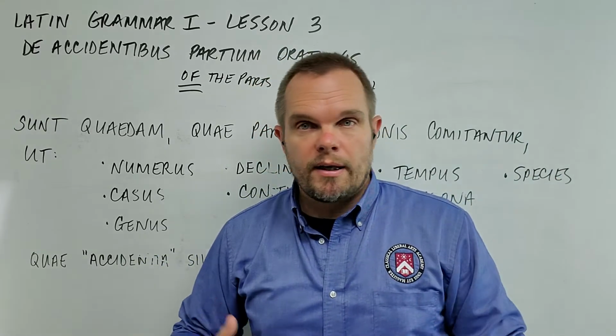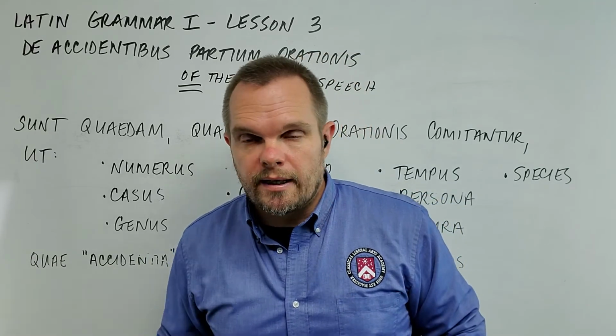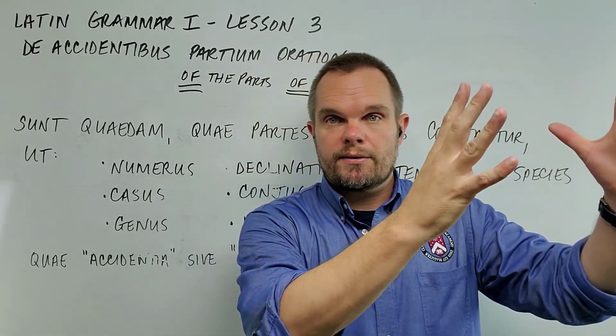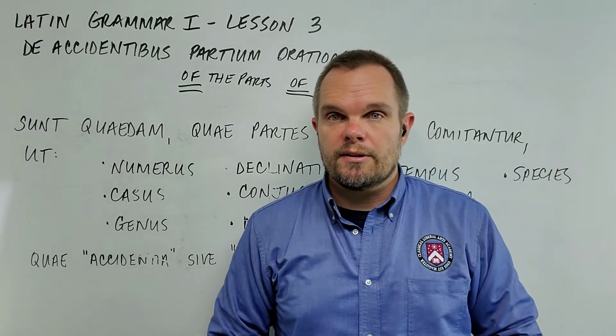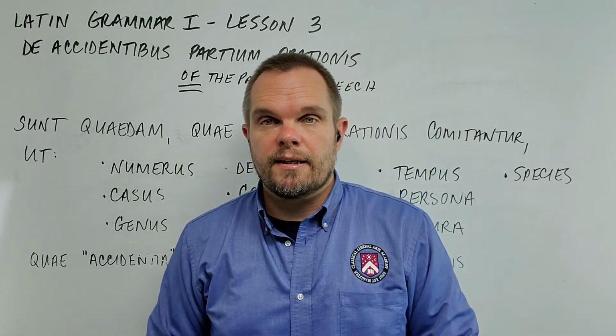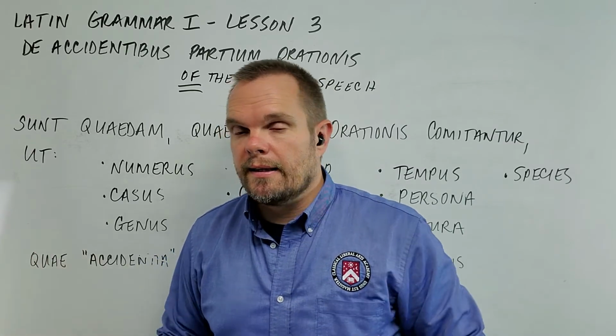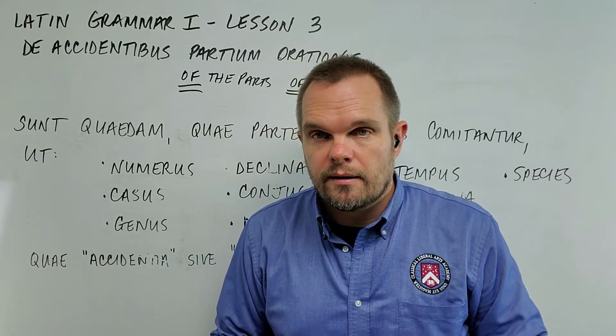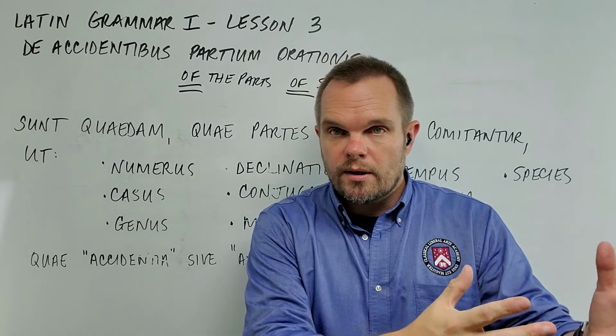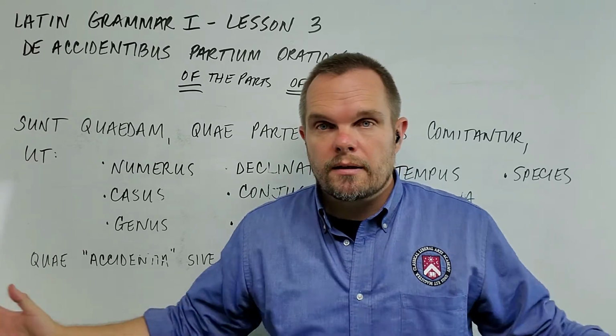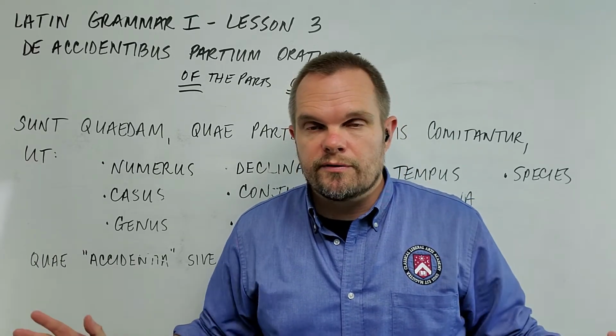So instead of memorizing all the forms of every single noun, we're just going to memorize an example from the first declension, an example from the second declension, and so on for the third, fourth, and fifth declensions. And then as soon as you can identify that a noun belongs to a declension, you automatically know all of its endings, all of its forms.